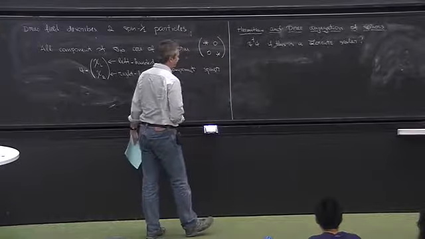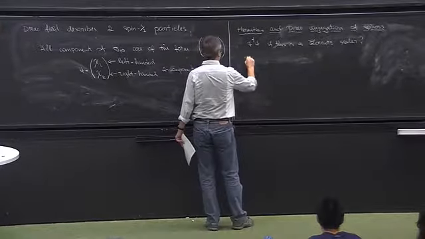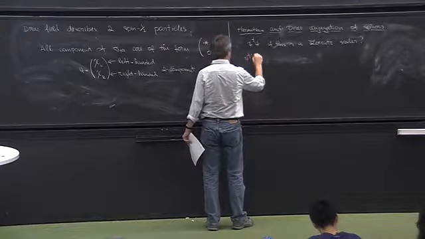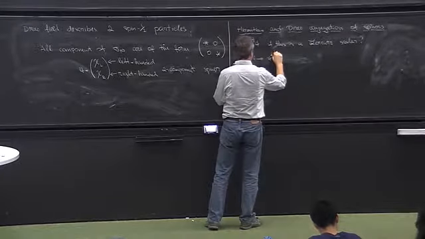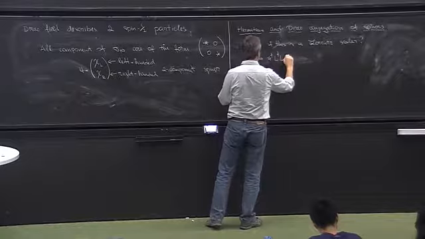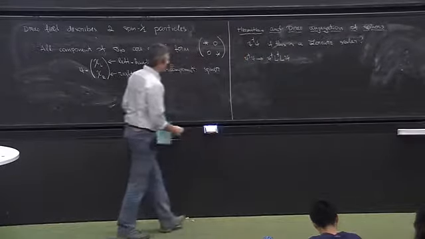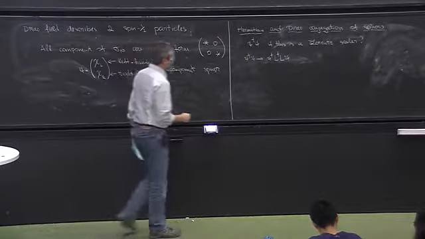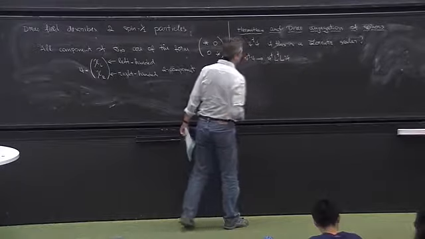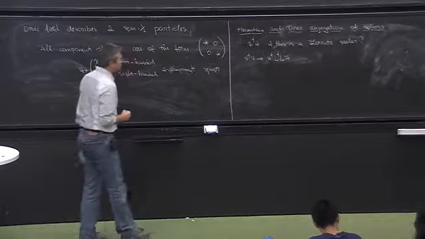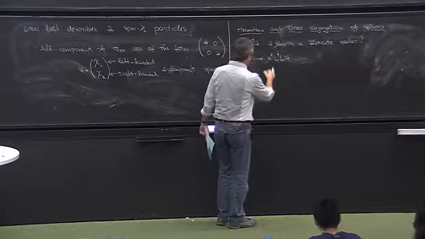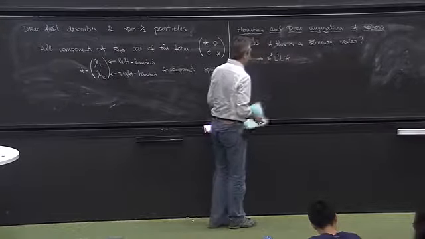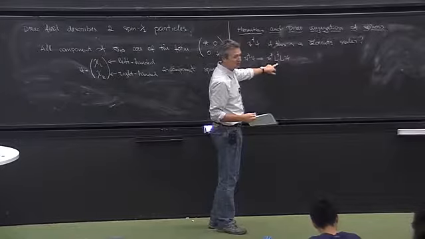Well, we can of course immediately check this because we know how psi transforms. So this will transform to L dagger L appearing in the middle. And if our transformations were unitary, this would just cancel.